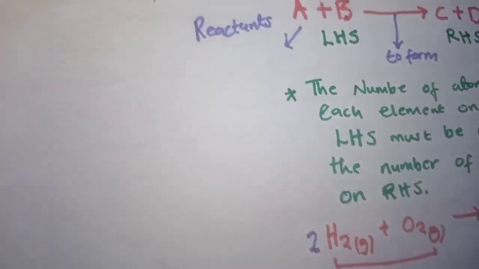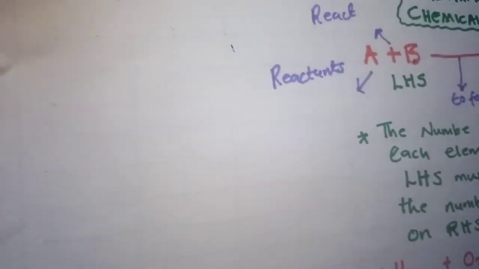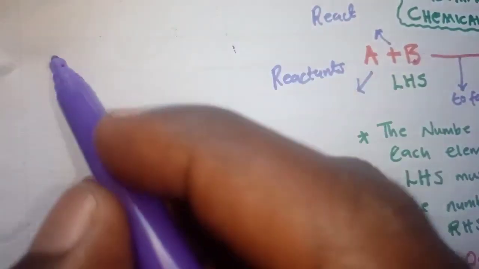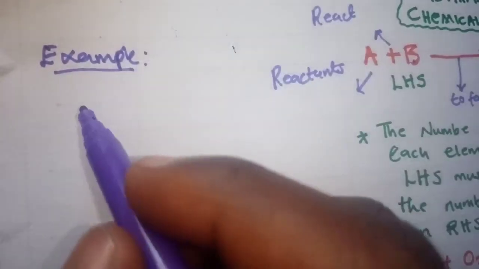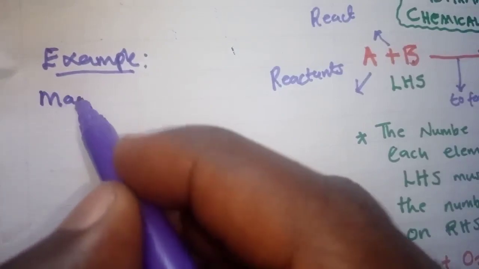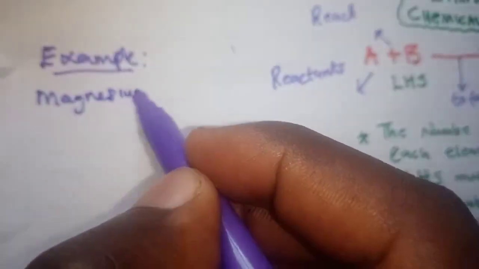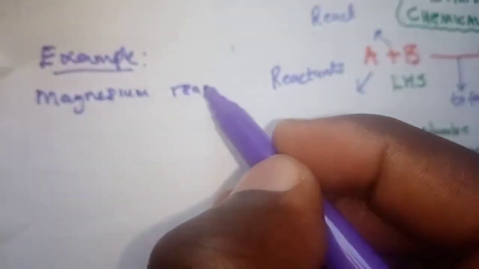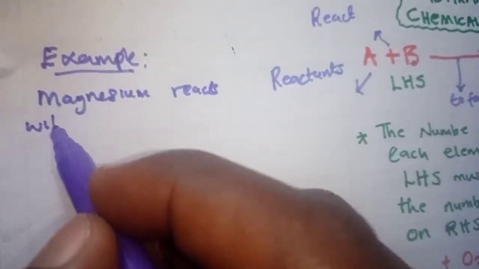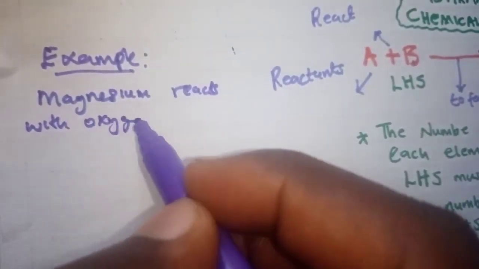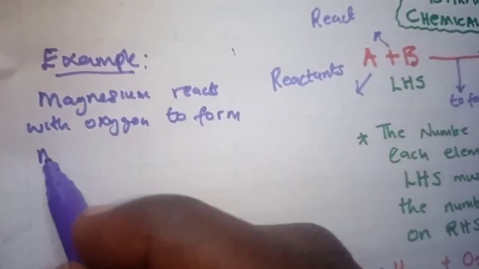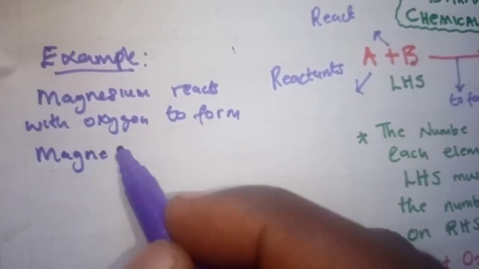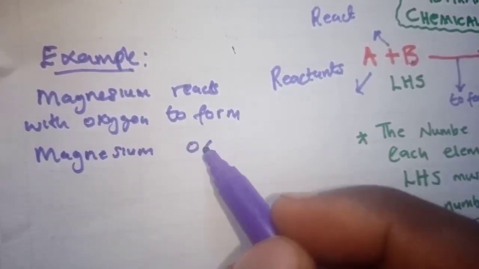So in this example, you have magnesium reacts with oxygen to form magnesium oxide.